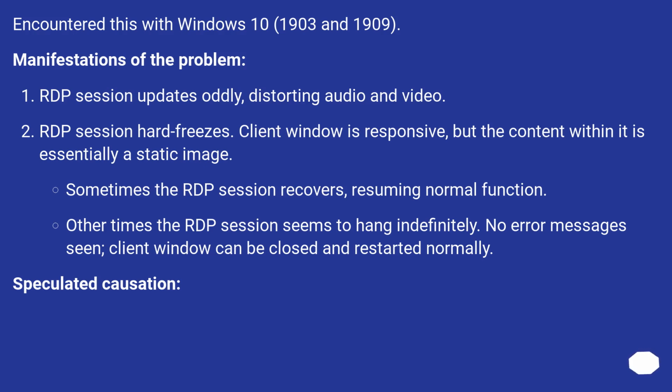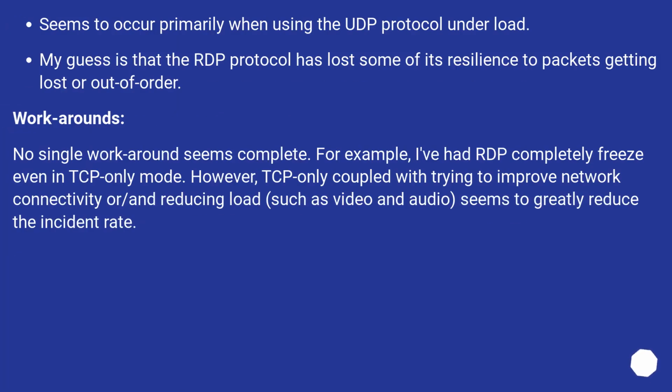Speculated causation. Seems to occur primarily when using the UDP protocol under load. My guess is that the RDP protocol has lost some of its resilience to packets getting lost or out of order.